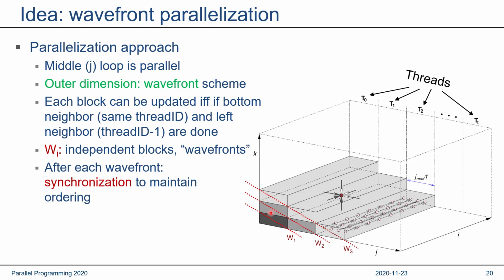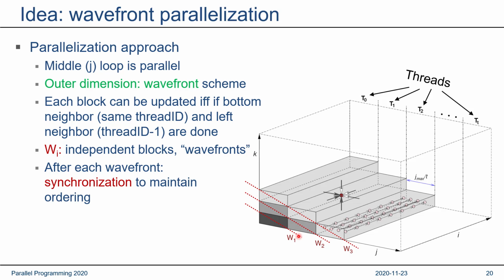So this means that all the blocks that are on one of these red dashed lines can be updated in parallel. Whenever the blocks in the W2 line have been updated, I can synchronize the threads that have been doing that, and then I can update the 3 blocks in the W3 line in parallel.